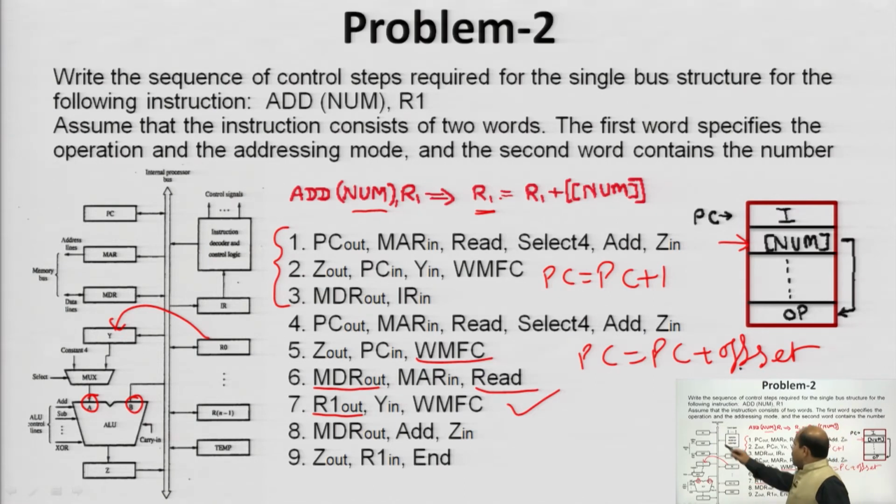In the next step, the fetch operation is over, the data is available with MDR. For example, the location of the operand is shown here.